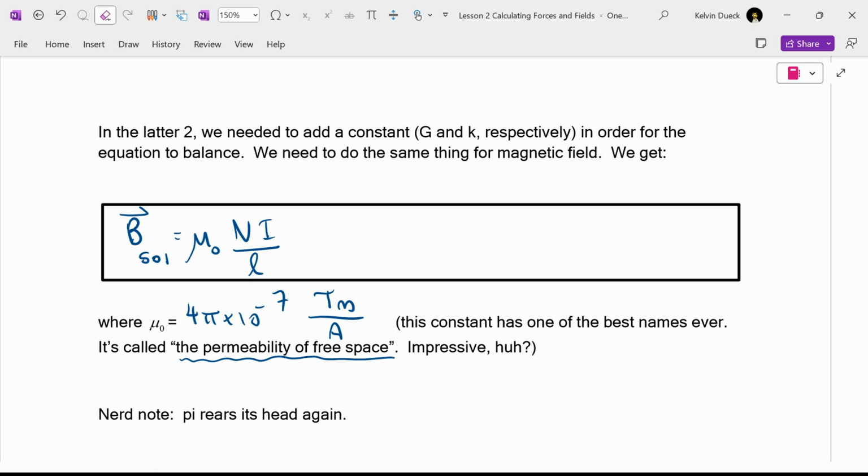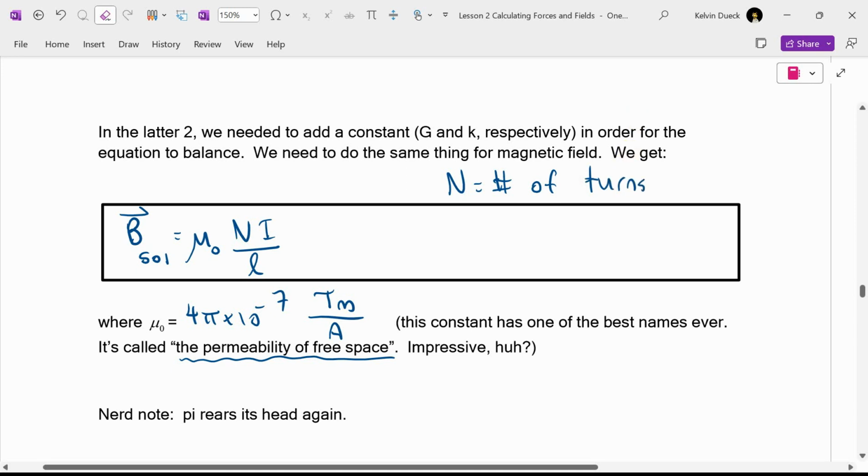Okay. This one here, many of you, the first time you try typing this in, you're going to get an error on your calculator. We'll have to do a cheap workaround. So patience when we do our first question. But let's make a list where N was the number of turns of wire.